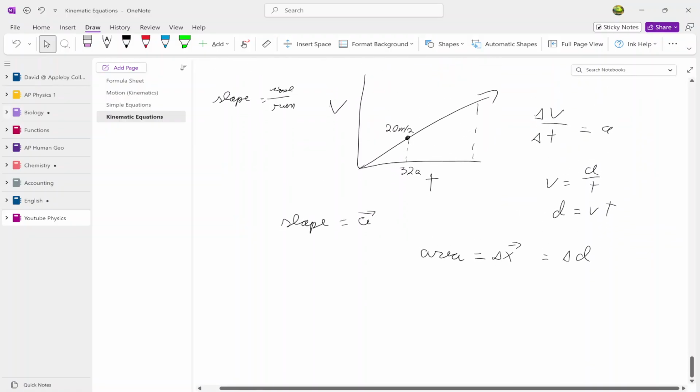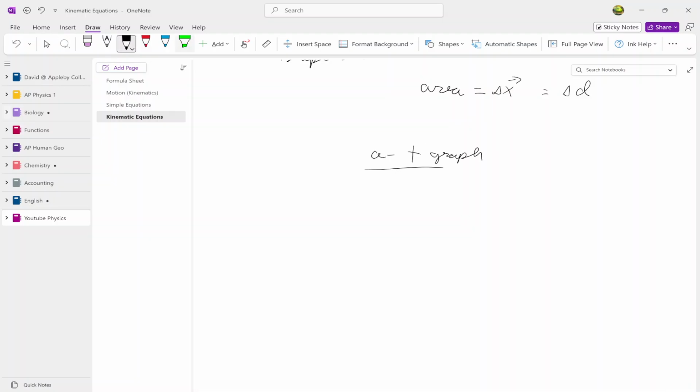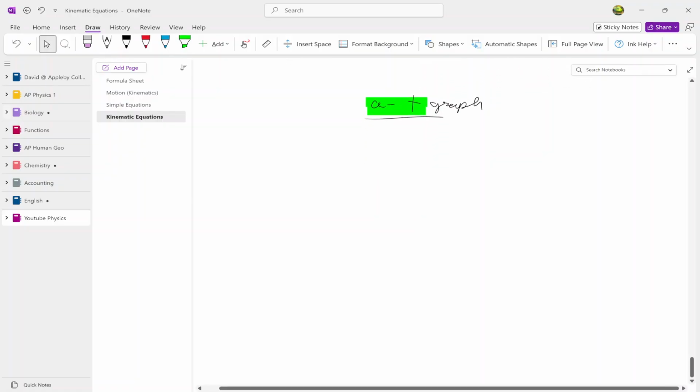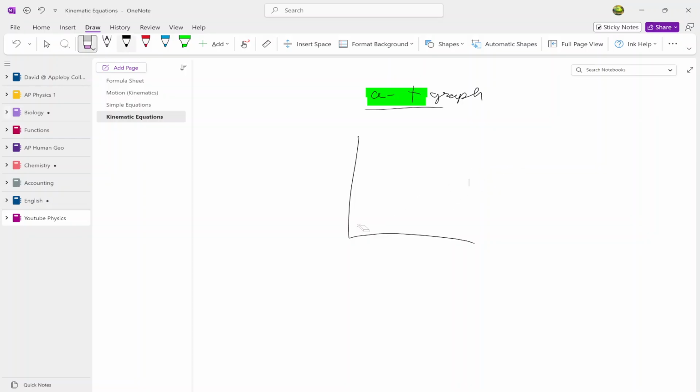The distance traveled. Okay. And then the final one we have is the acceleration time graph. So this one is also pretty simple. As of AP Physics 1, acceleration divided by time just simplifies down, so that one is useless to us.